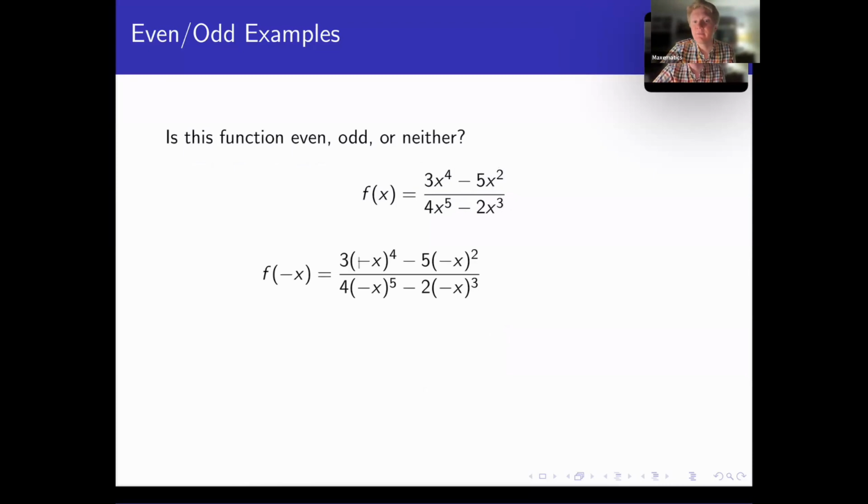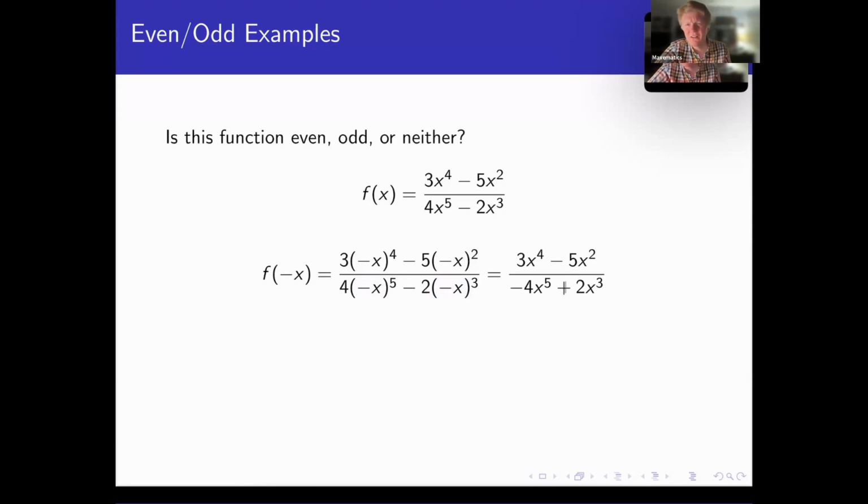So 3 times negative x to the 4th minus 5 times negative x squared, over 4 times negative x to the 5th minus 2 times negative x cubed. Negative raised to even is positive. Down here, negative raised to odd is negative. Negative times negative is positive.